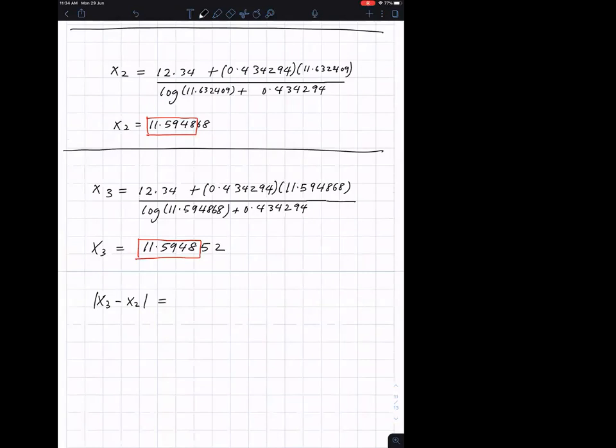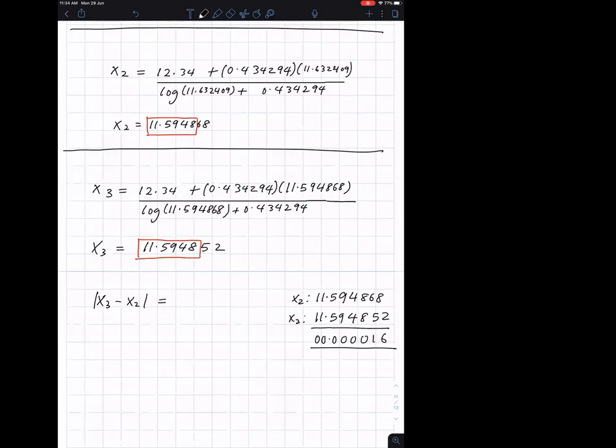The x2 value is 11.594868 and x3 is 11.594852. Subtract, and the difference is 0.000016.